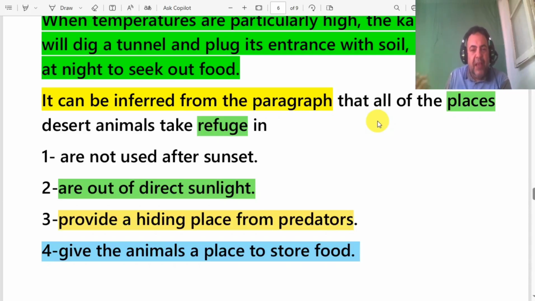Covered maybe in cool cushioning areas, maybe in shadow places, something like this. So this is the right answer. I can infer that this place should be out of the direct sun. If it is not, how can animals protect themselves from the sun? So the right answer here is number B.